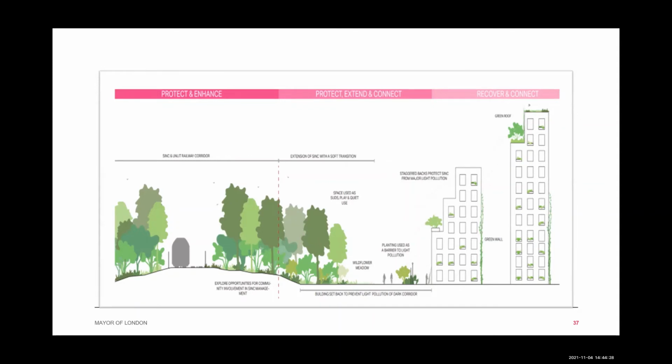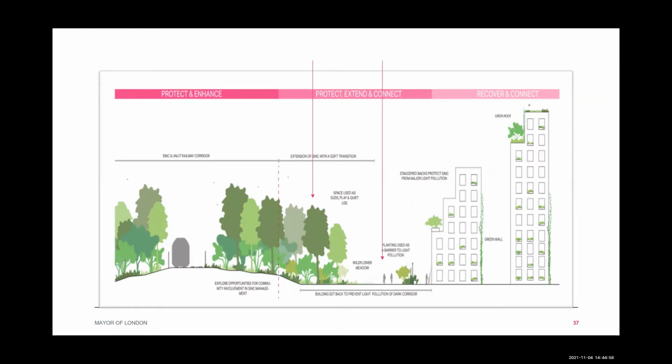So in this example here, we have a dark unlit railway corridor to the left of the image, which is also a site of importance for nature conservation. And some of the design options that are suggested here show how retaining existing habitats and extending habitats that are complementary to wildlife habitats in the adjacent sink out onto the site.